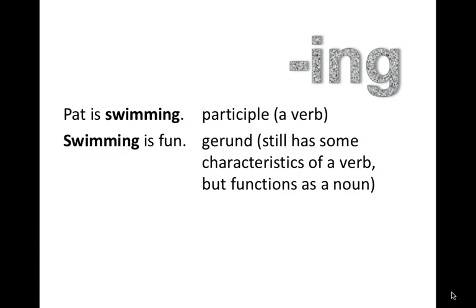And what looks like the same word, but is not, is swimming in swimming is fun. Here it's actually taking the place of a noun phrase. The second swimming is a gerund. In some cases, you can see that it has some characteristics of a verb, but it functions as a noun. So participles and gerunds are not the same thing, even though they may look identical.